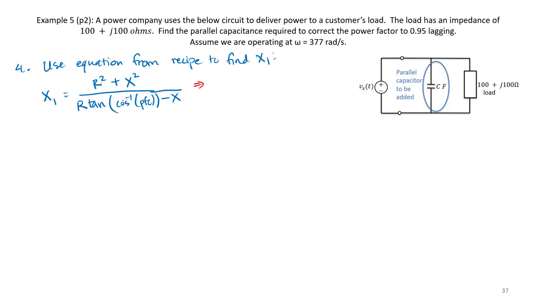R and x are both 100 in our circuit, so we have (100 squared plus 100 squared) divided by (100 tangent of inverse cosine of 0.95), minus 100.